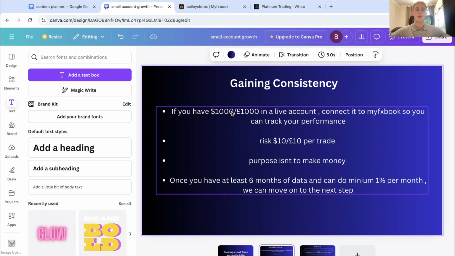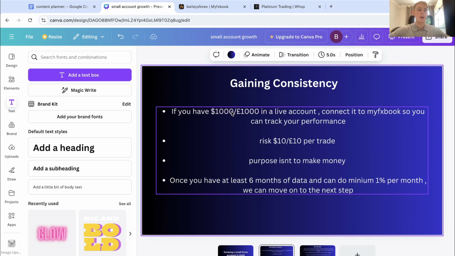The purpose of this account isn't to make money. It's simply to practice the skill of trading, because once we have the skill of trading, we can simply go and apply it in other avenues and use it to make a large amount of money, which I'm going to get into in the second step in a moment.